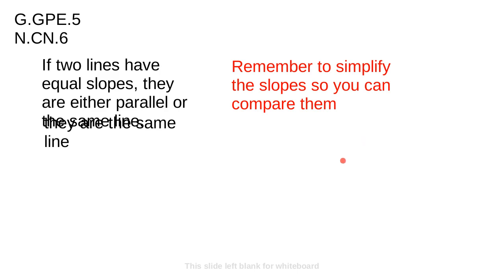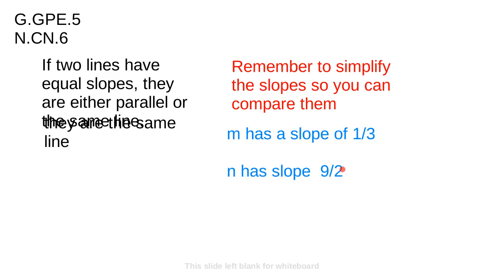Let me type that in again, the 27. It's going to be higher. Okay, so one of them has a slope of 1/3. Another one has a slope of 9/27. What do we know about line M and line N?